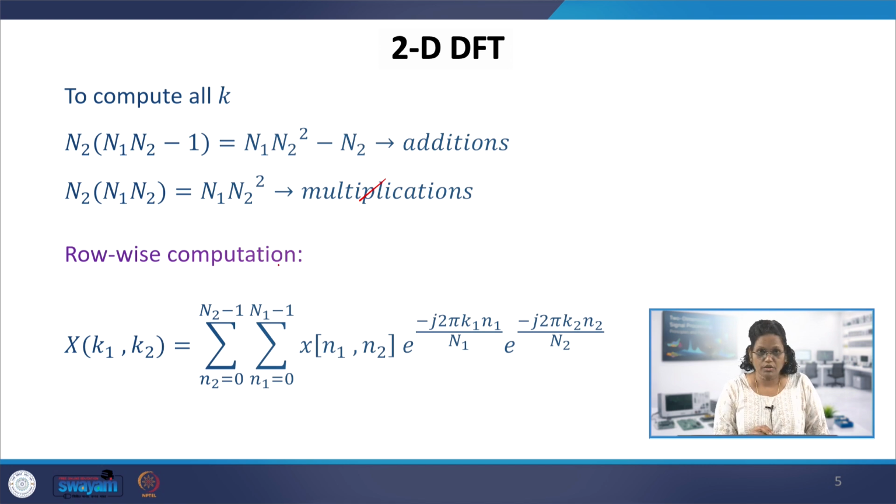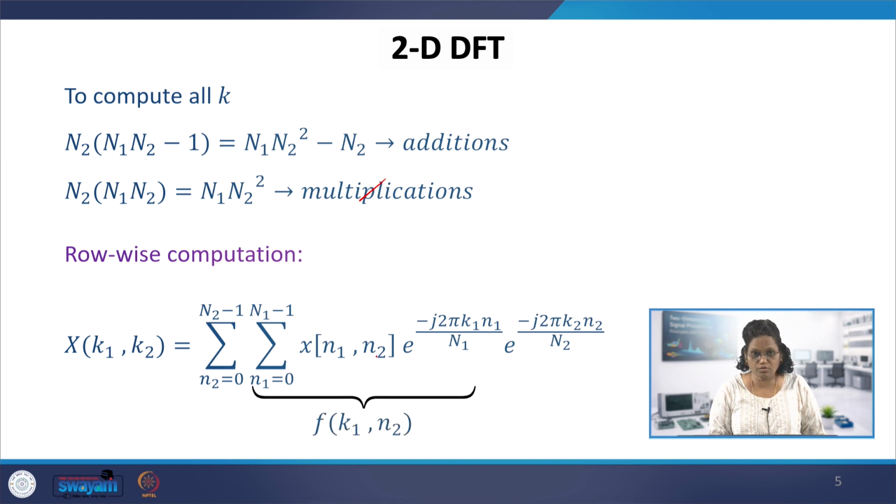Next, the row-wise computation: if we take x of k1 comma k2, this is the DFT equation, in which what we do is just take this portion of it, that is the summation over n1 varying from 0 to n1 minus 1, with x of n1 comma n2 and e to the power minus j2 pi k1 n1 over n1. This is a one-dimensional DFT for a fixed value of n2. That is, n2 is fixed, or n2 is 0 initially.